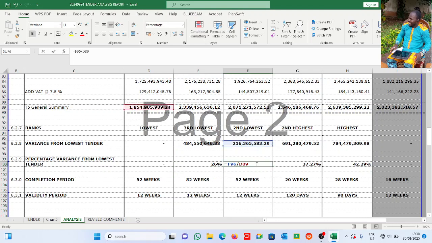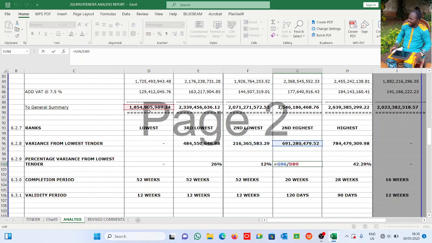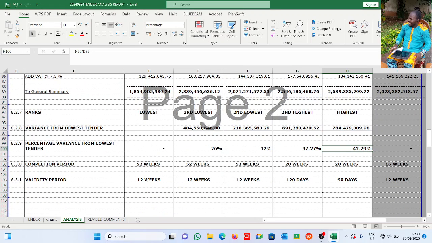This is this now divided by this, 12%. This from the lowest, 37.7%, and this from the lowest, 42.29%.